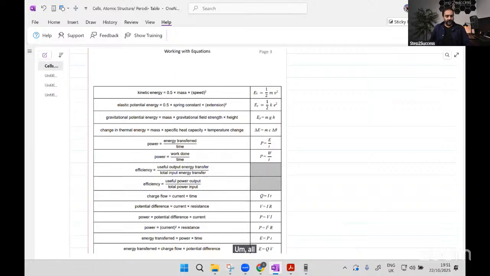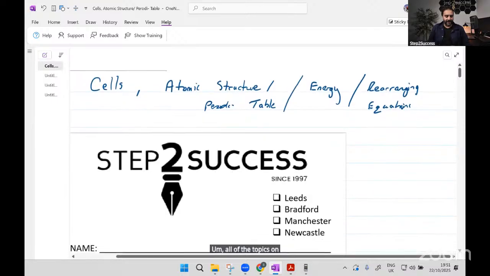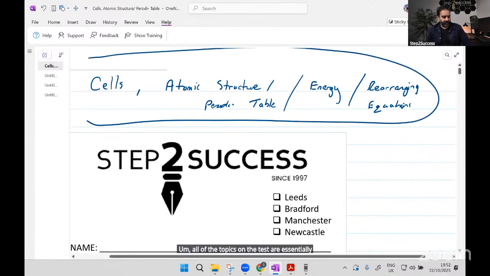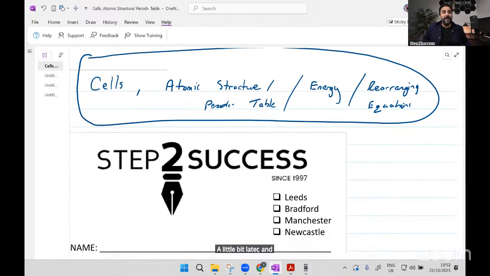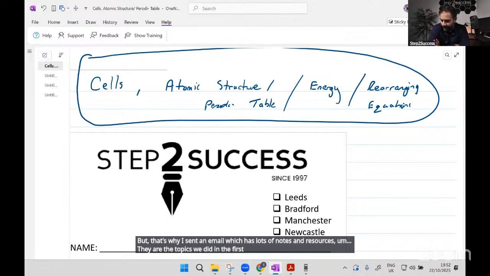All of the topics on the test are essentially these, which are the topics you did in the first 4 lessons. Now, I appreciate that some of you joined a little bit later and therefore missed some of these lessons, but that's why I sent an email which has lots of notes and resources. They are the topics we did in the first 4 lessons of the year.